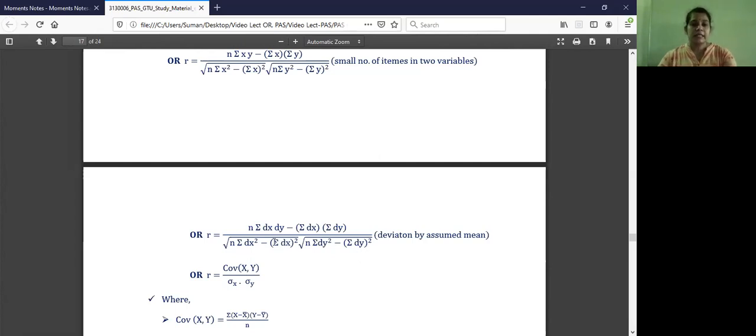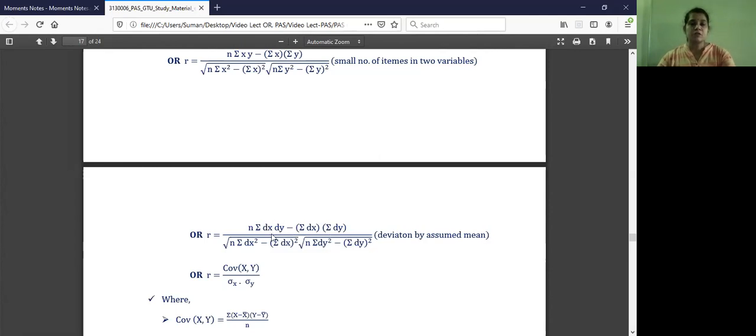Don't be confused here. dx and dy: if we use the assumed mean, that means an assumed value, then d is equal to x minus a. If we use d equal to x minus a, then we write dx, and if we use d equal to y minus b, then we write dy. So this type of formula is deviation by assumed mean, got it.